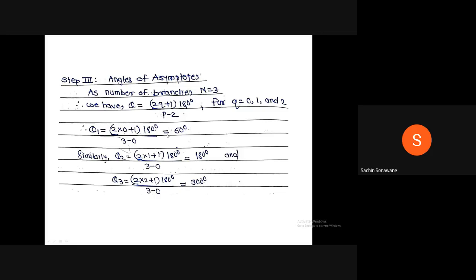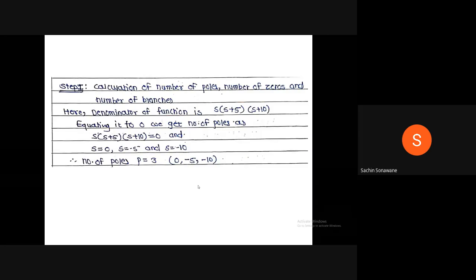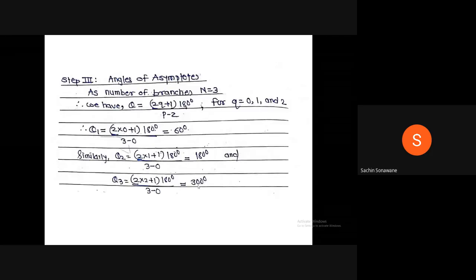Therefore theta 1 is equal to 60 degree, theta 2 is equal to 180 degree and theta 3 is equal to 300 degree. Please write down this. All of you please write down. Anyone is writing?